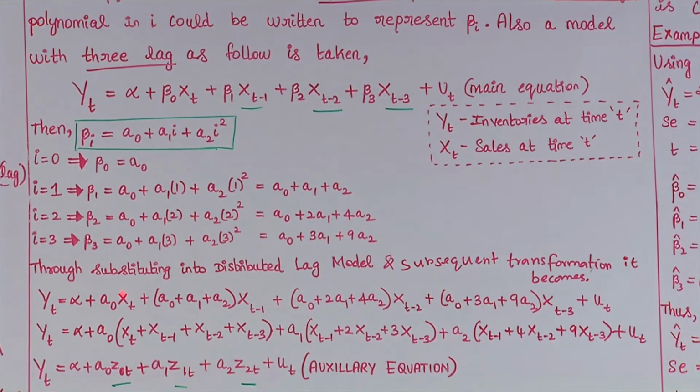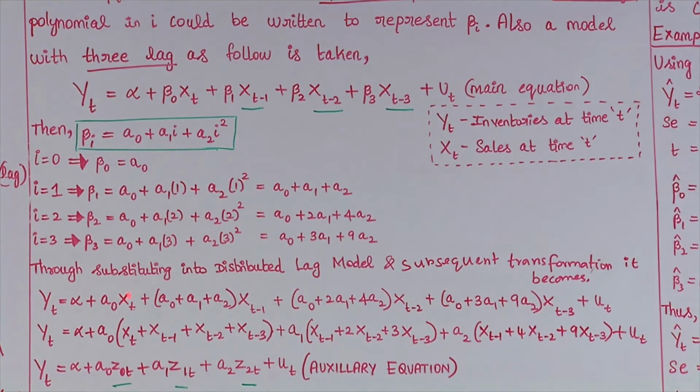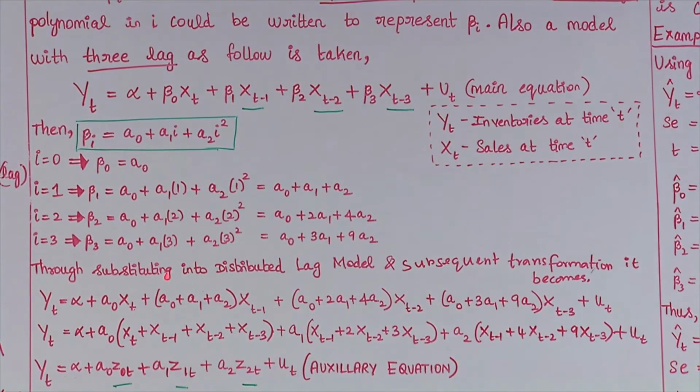Substituting these coefficients in the original equation, we will get an expression in terms of a0, a1 and a2. So, we are substituting these effects into the original equation. This is the original equation.